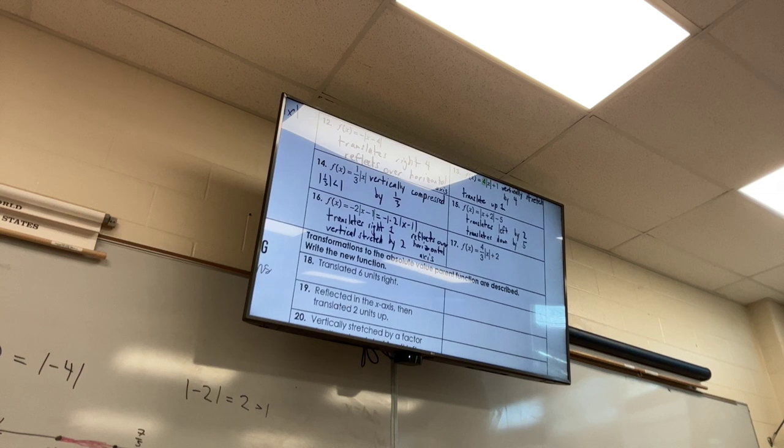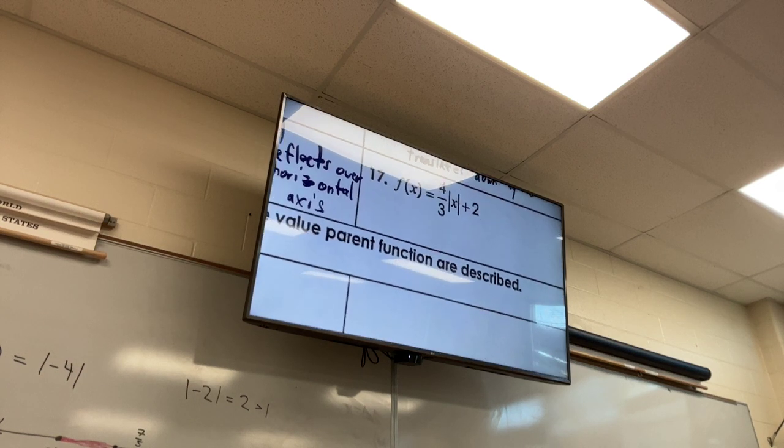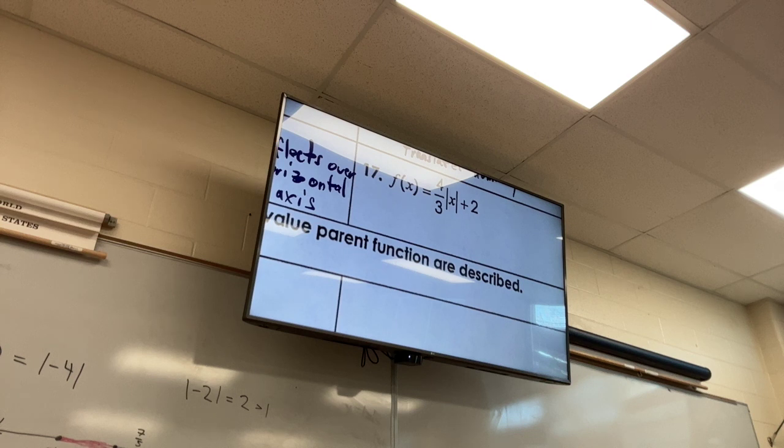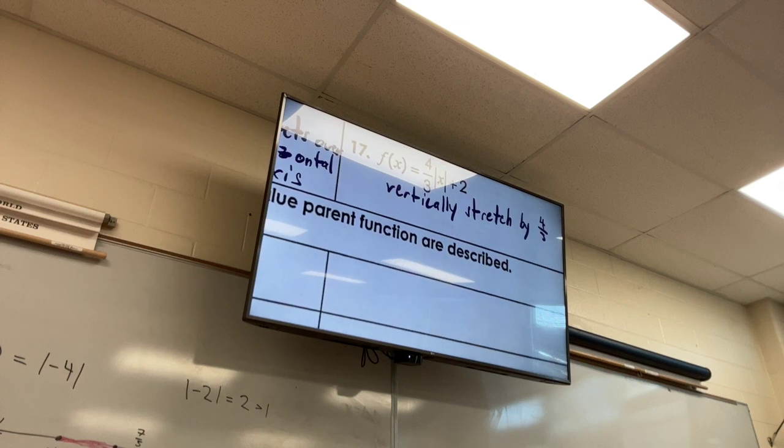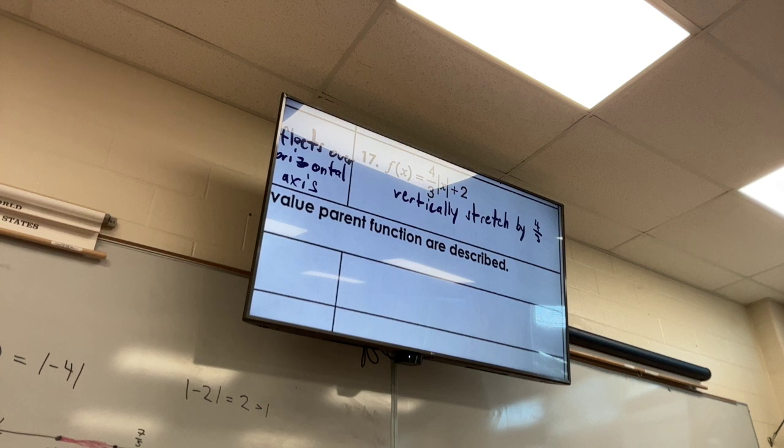And 17. Yeah. So here's a good example of Tom's question. 4/3. Is that going to vertically stretch my graph or compress it? Yeah. So it's a fraction, but it's a fraction that's greater than 1, so it's going to vertically stretch. Vertically stretched by 4/3, and that +2, what is that going to do?